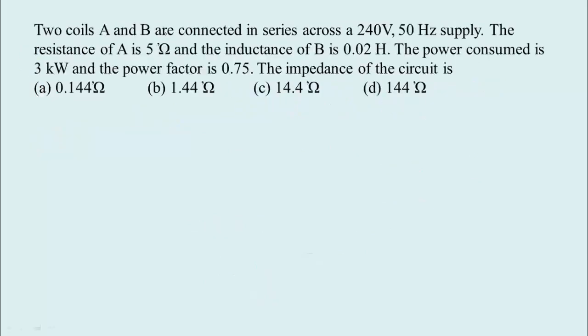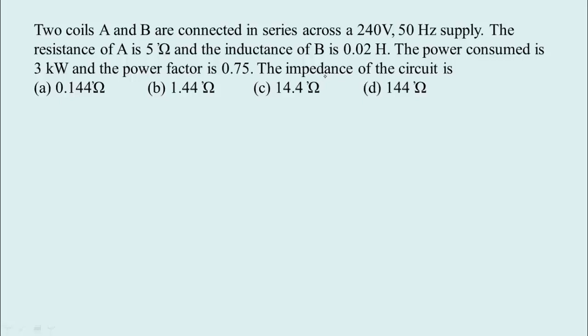Two coils A and B are connected in series across a 240 volt 50 Hz supply. The resistance of A is 5 ohm, inductance of B is 0.02 Henry, the power consumed is 3 kilowatt and the power factor is 0.75.